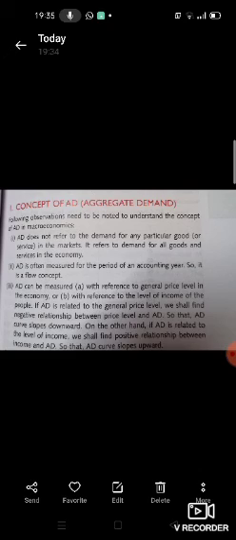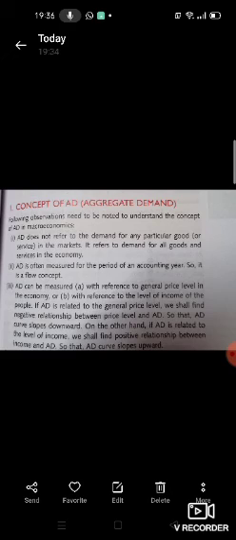Aggregate demand can be measured with reference to the general price level in the economy or with reference to the level of income of the people. If aggregate demand is related to the general price level, we shall find a negative relationship between price level and aggregate demand, so that the aggregate demand curve slopes downward.